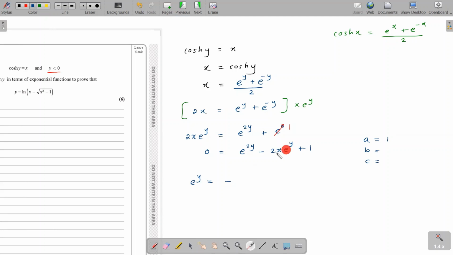The b coefficient: this is like a square, this is a, so the coefficient of this a is minus 2x, and c is plus 1. Okay, so e to the power y equals minus b, so minus of minus 2x, plus or minus square root of b square, minus 2x square, b square minus 4 into a is 1 into c is 1, divided by 2a, 2 times 1.